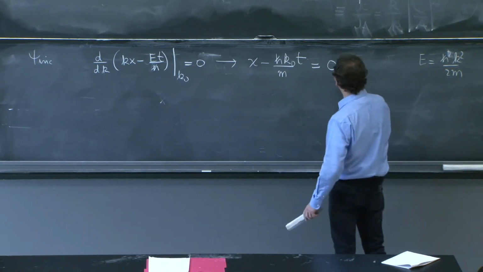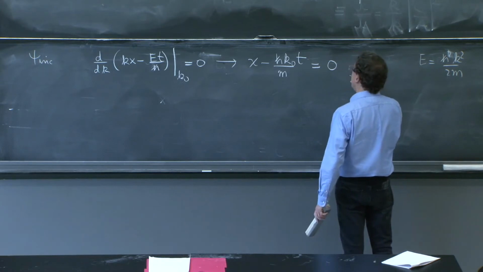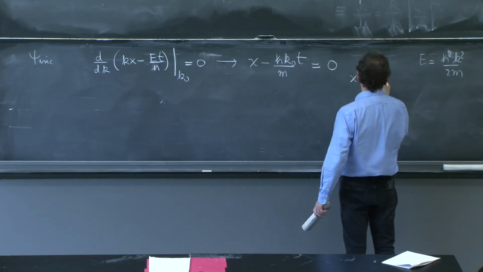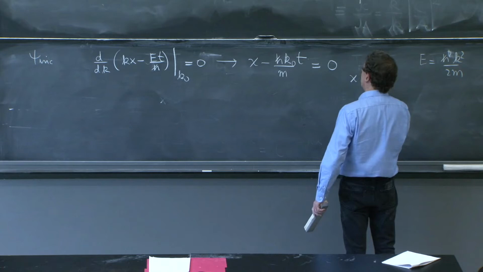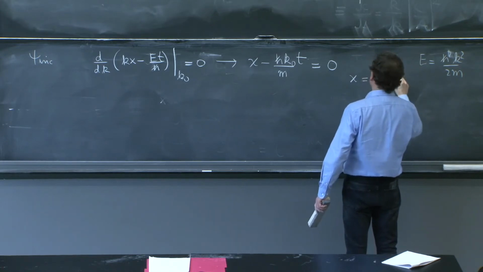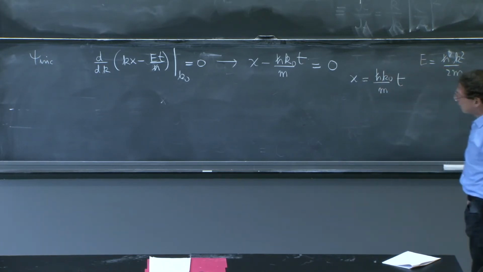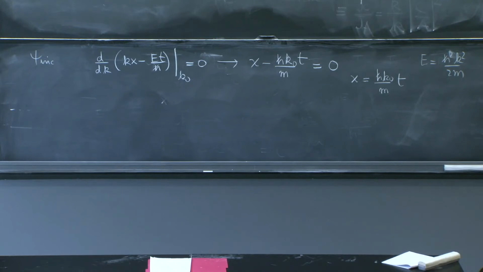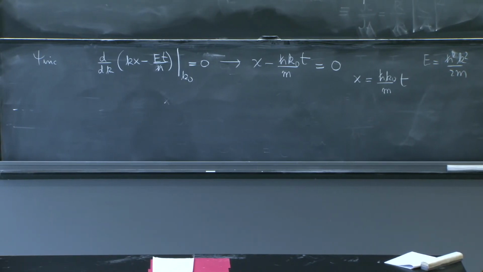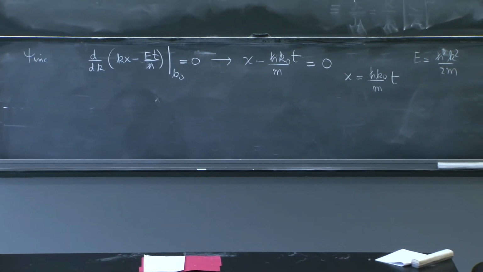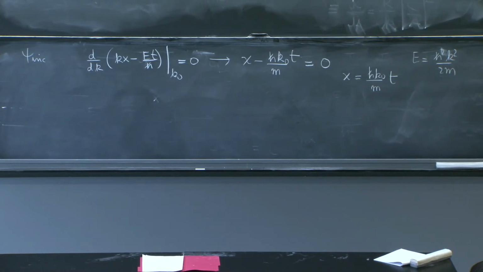So this will be x equals ħk₀ over m times t. That's where the incident wave is propagating. Now, look at that incident wave.